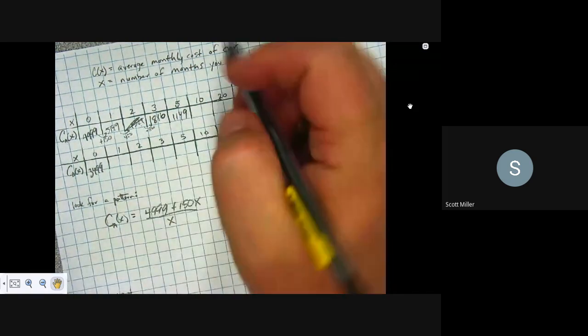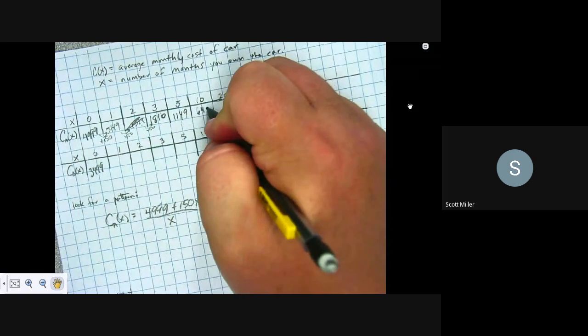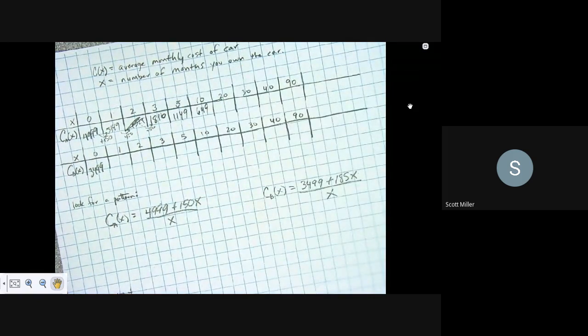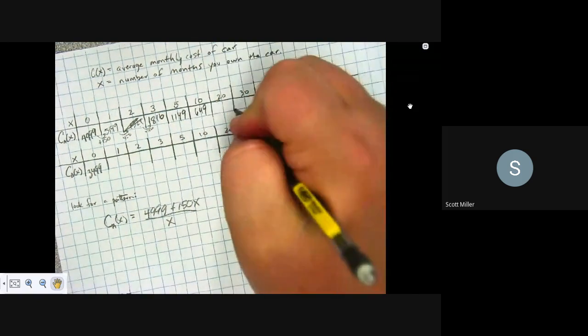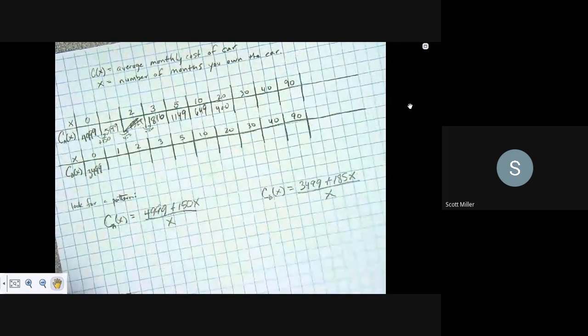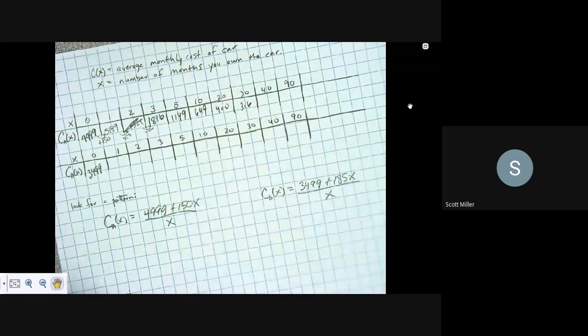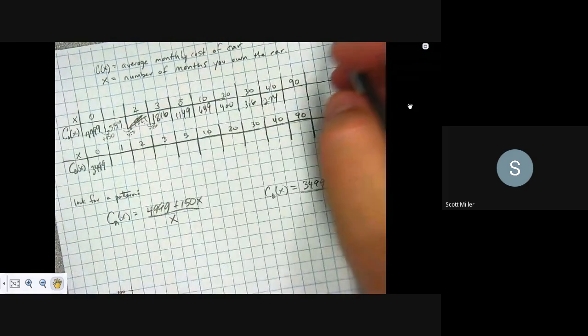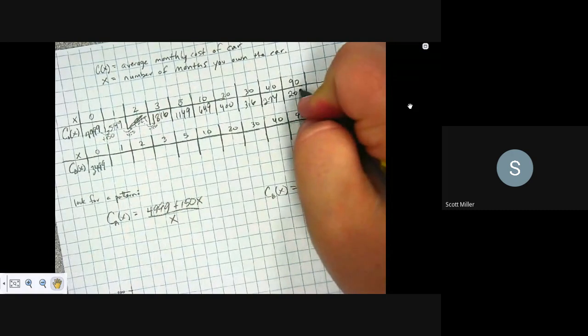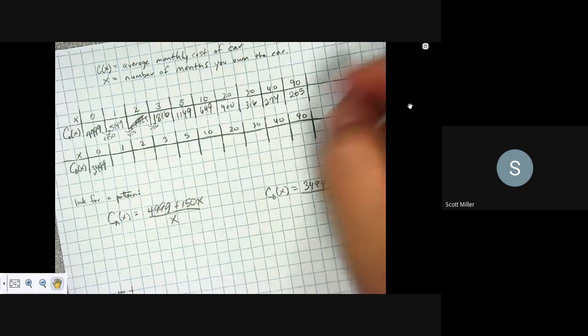So all I'm doing is just typing in these values and letting the calculator do the work for me. 649, 20. This is 400, 30. This is 316. And then 40 is 274, and then I can do 90. And the reason I'm doing this table is because it will help me in drawing the graph that you saw on the calculator. That one's 205.